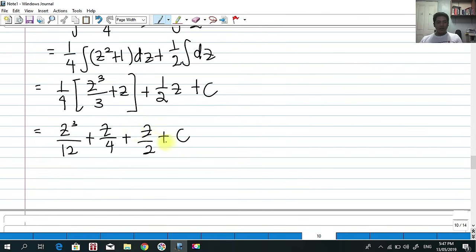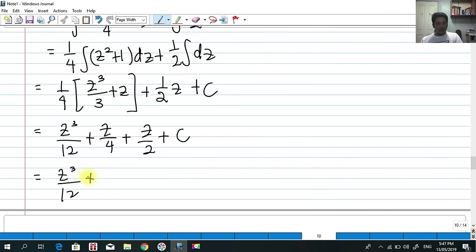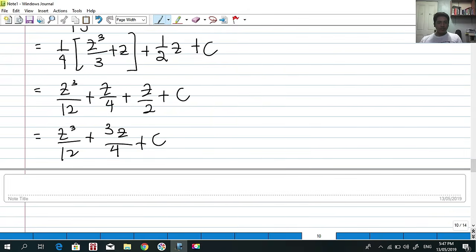And since we can add these two, that should result to z cubed over 12 plus 3z over 4 plus c. So that's it.